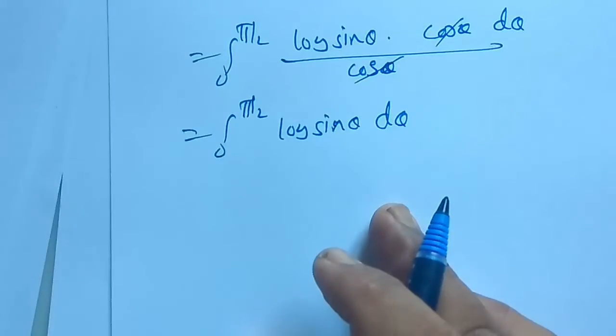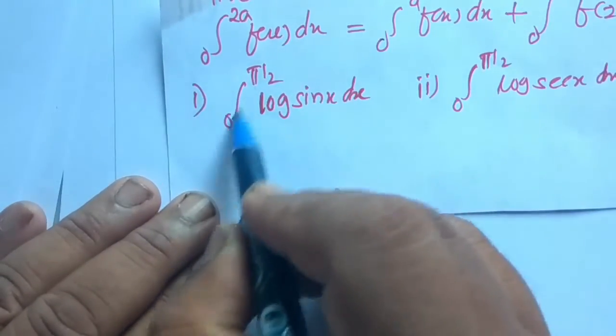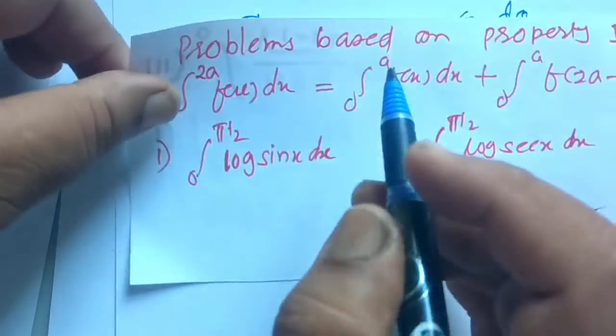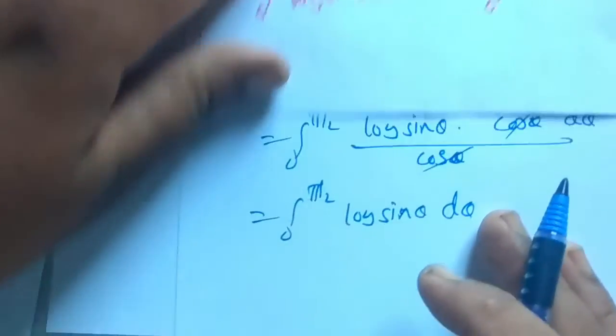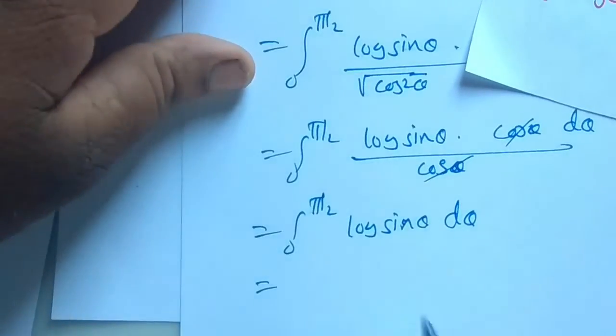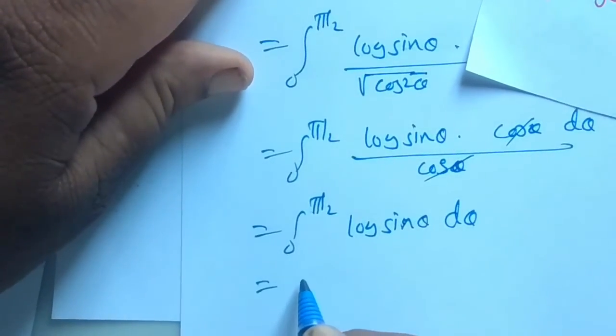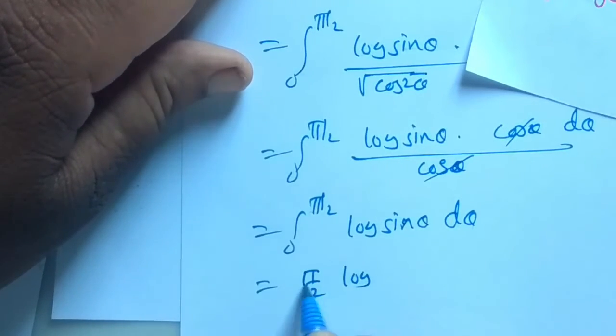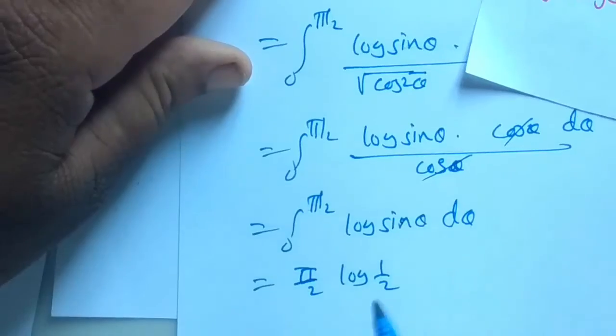Now the value we have calculated in the first example, the integral from 0 to pi by 2 of log of sin x dx, is equal to pi by 2 log of 1 by 2.